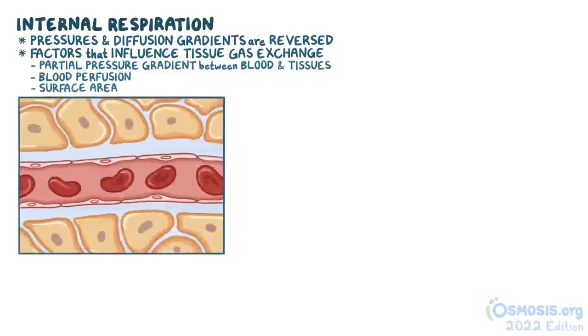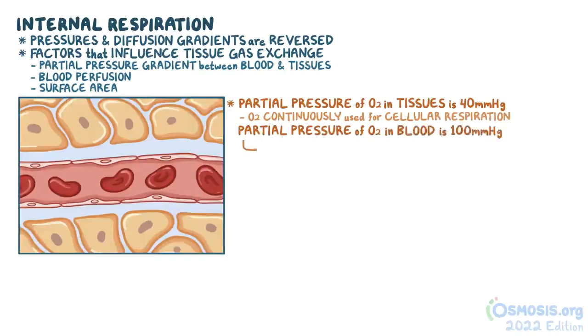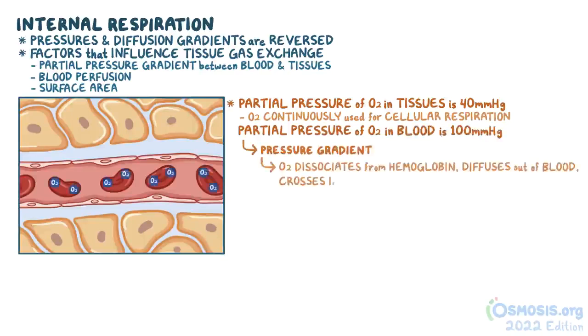So during internal respiration, the partial pressure of oxygen in tissues is low, at about 40 millimeters of mercury, because oxygen is continuously used for cellular respiration. In contrast, the partial pressure of oxygen in the blood is about 100 millimeters of mercury. This creates a pressure gradient that causes oxygen to dissociate from hemoglobin, diffuse out of the blood, cross the interstitial space, and enter the tissue.